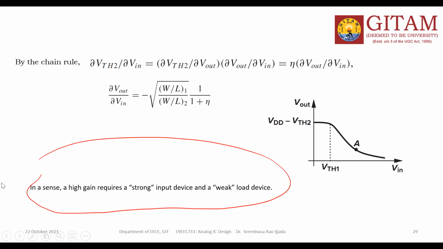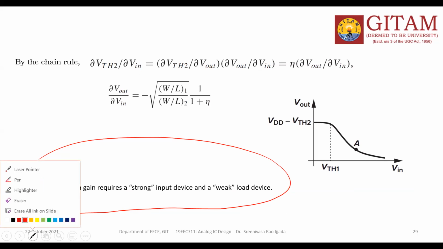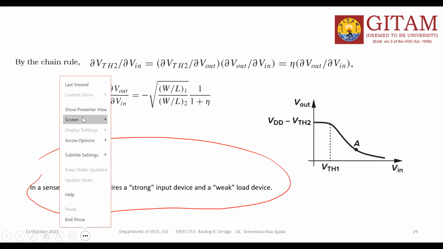Suppose if you take an example, the voltage gain AV is equal to 5. This is 5 for the PMOS load. What is the formula?